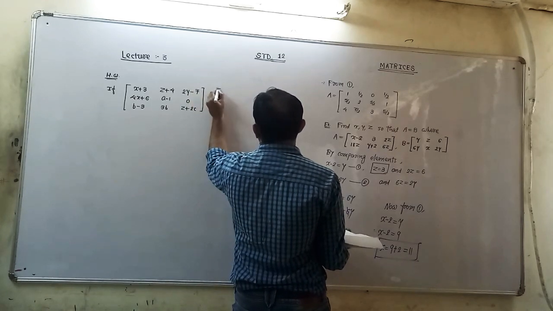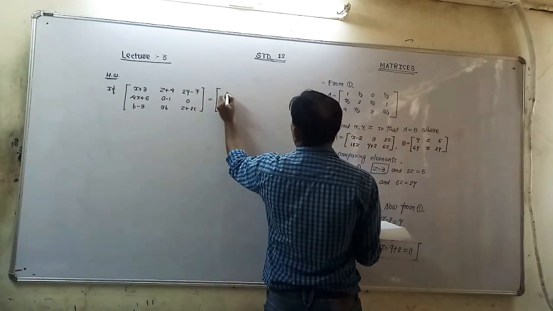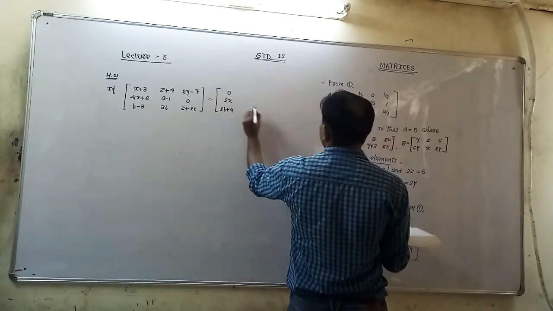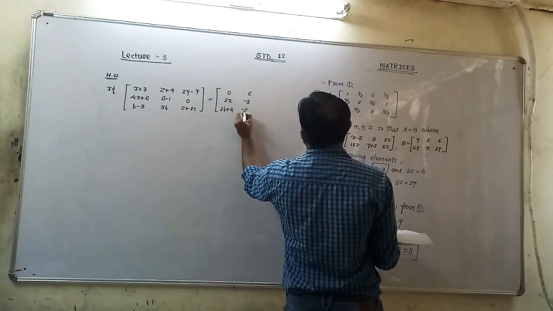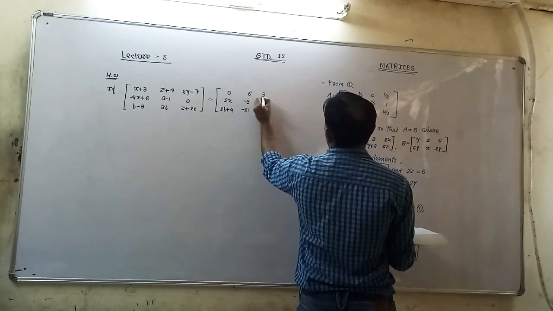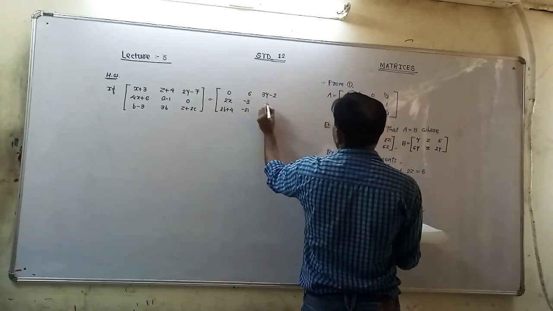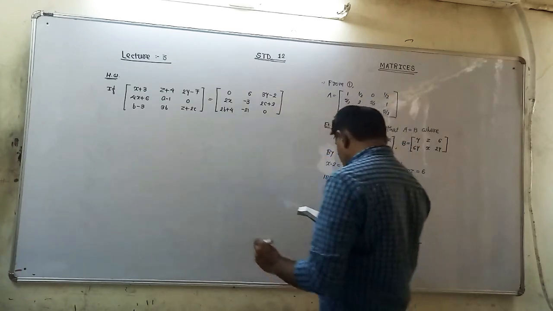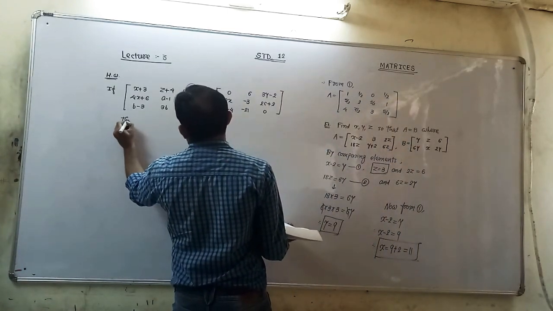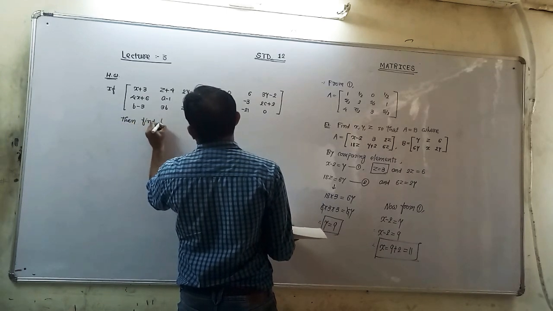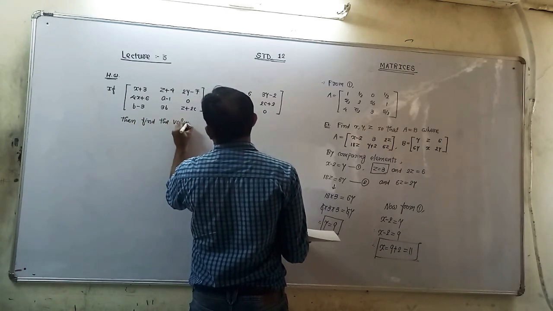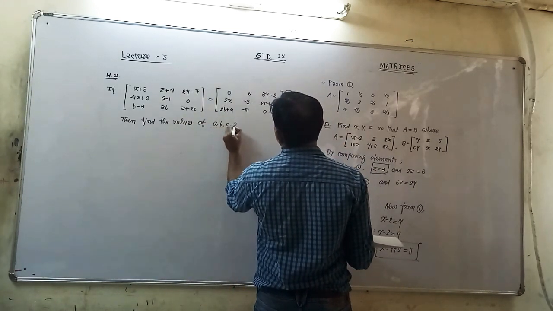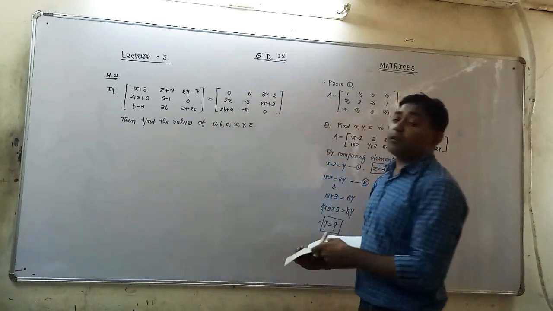This matrix is equal to the matrix 0, 2x and 2b plus 4; 6, minus 3, minus 21 and 3y minus 2; 2c plus 2 and 0. These both matrices are equal. Then find the values of a, b, c, x, y, z. So try to solve this example.